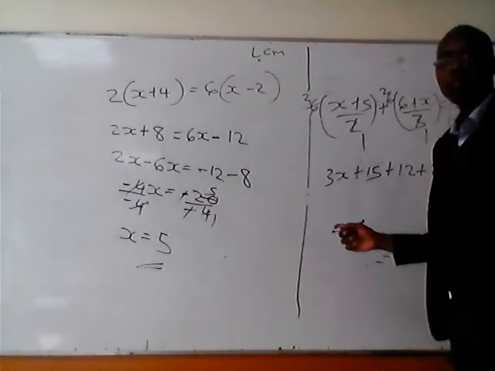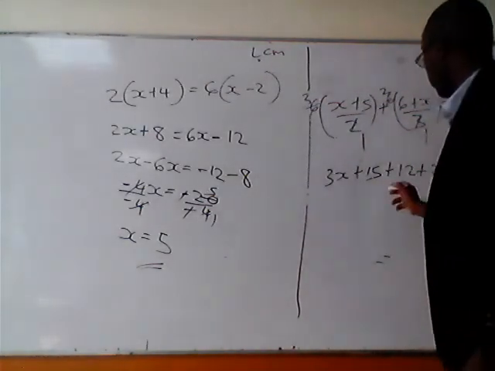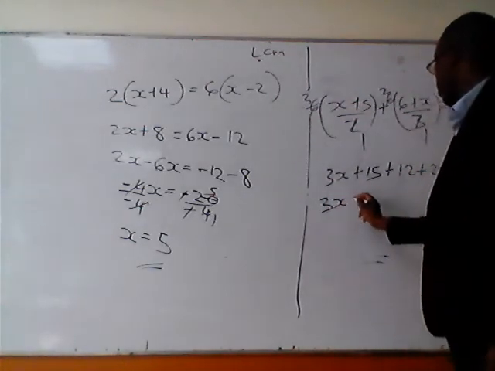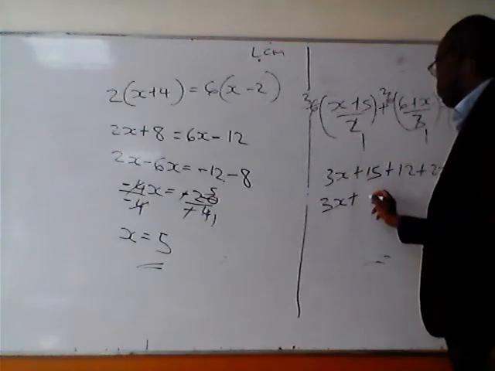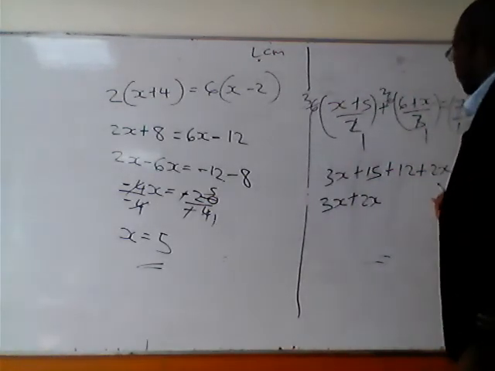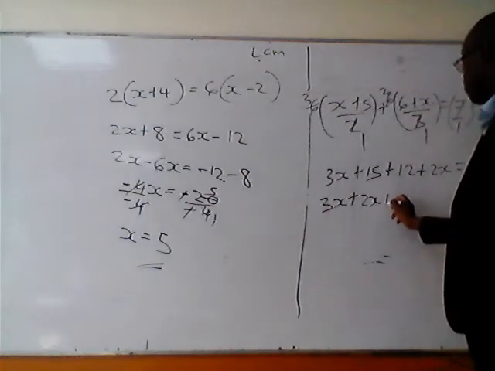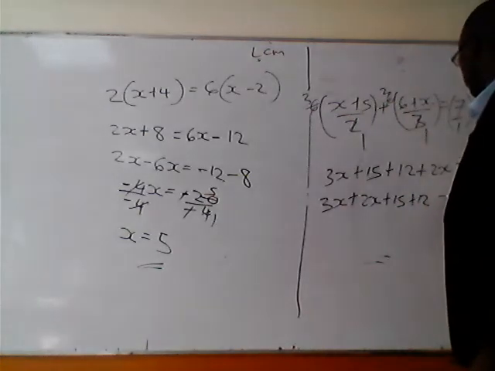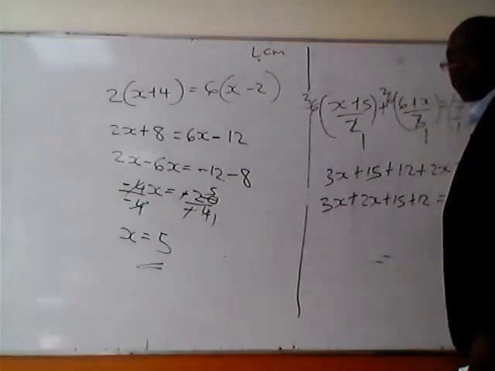So let us put the like terms together. It's going to be 3x plus 2x, because there are like terms here, and then plus 15 plus 12 is equal to 42.